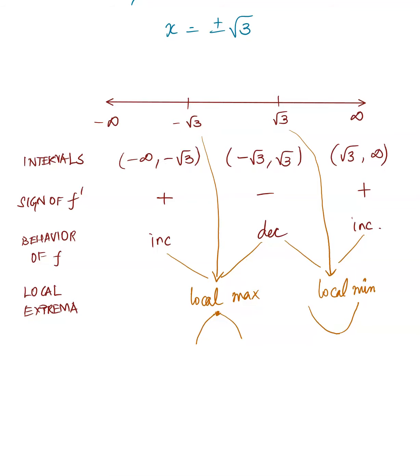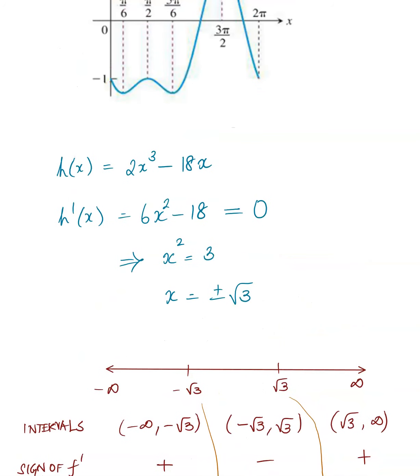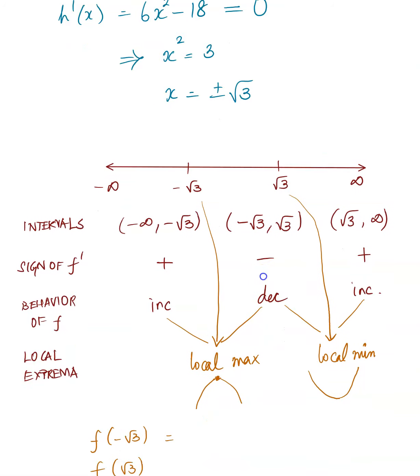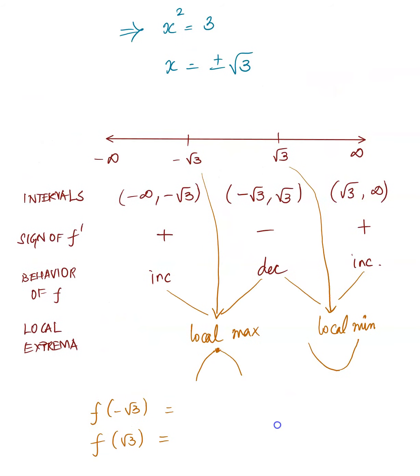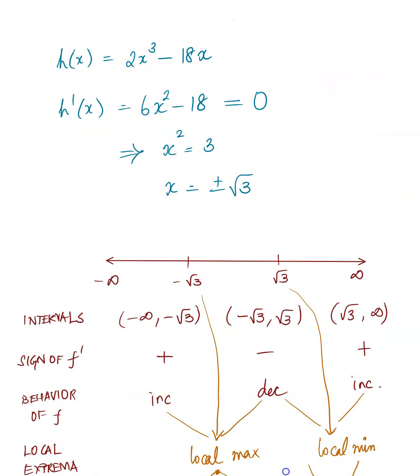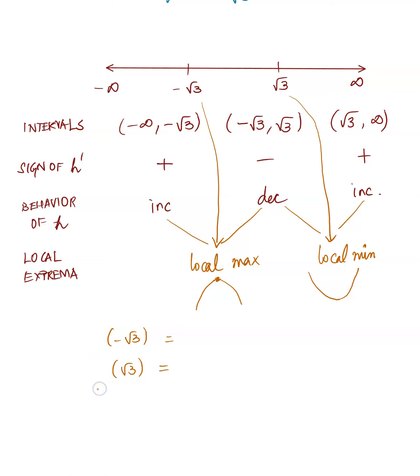And you need to find the coordinates for those. So plug them in. Find h of negative root 3. Find h of root 3. If there were endpoints, like the previous example we were given from 0 to 2 pi, but that interval is not given here, so you don't have any endpoints. So all you have to do is use these values to plug into your function. I keep saying f here because it's h, so I'm going to fix all these things back to h, h prime, h.